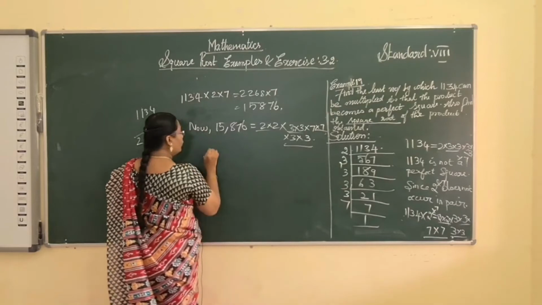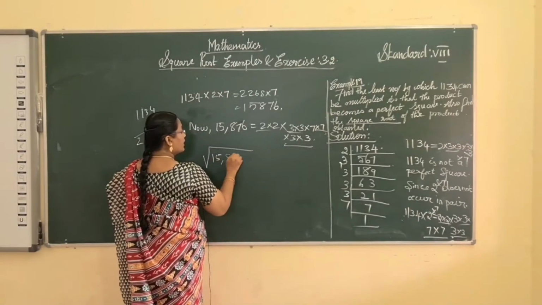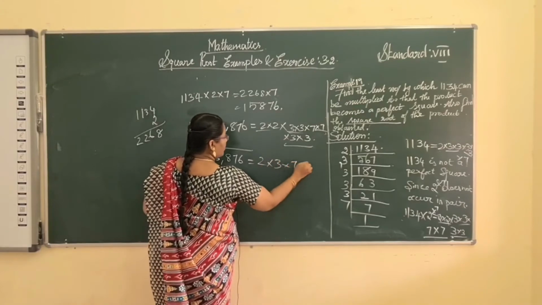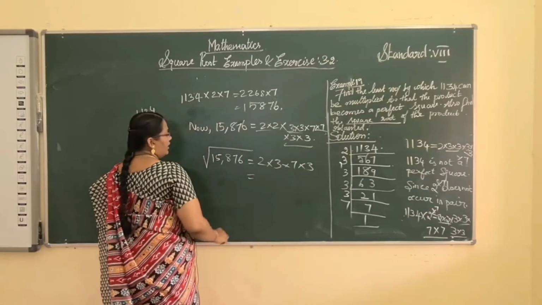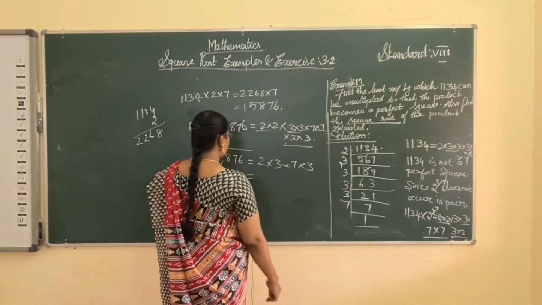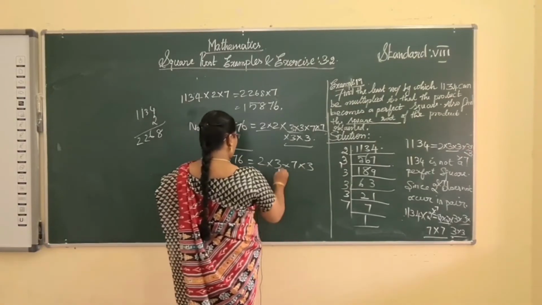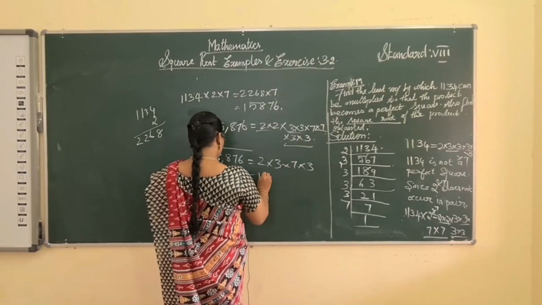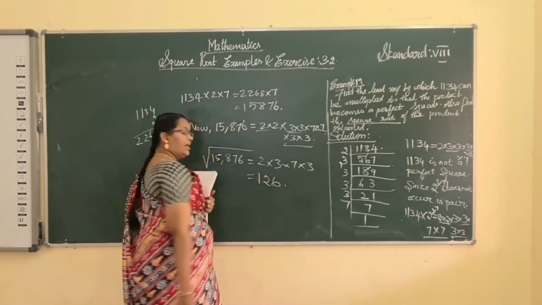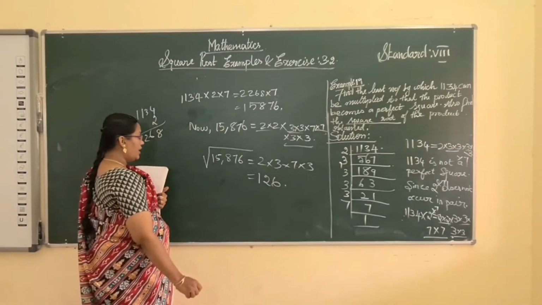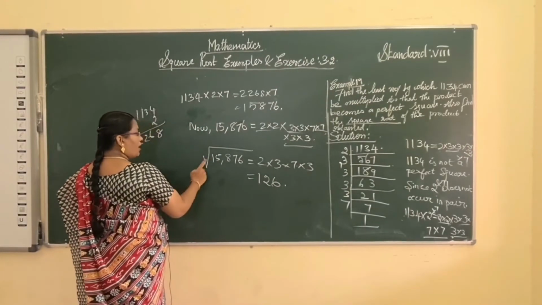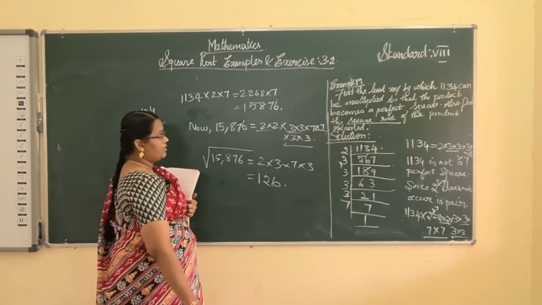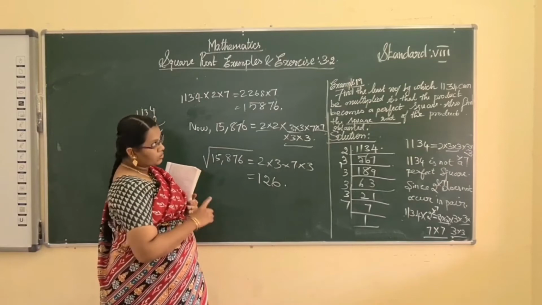So square root of 15,876 is equal to, considering single values, what we get? 2 3s are 6, 6 7s are 42, 42 3s are 126. Therefore, the square root of 15,876 is equal to 126. I hope you understood this concept.